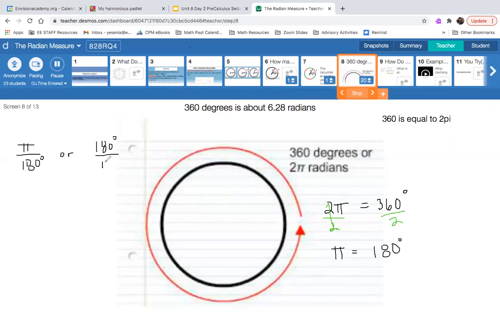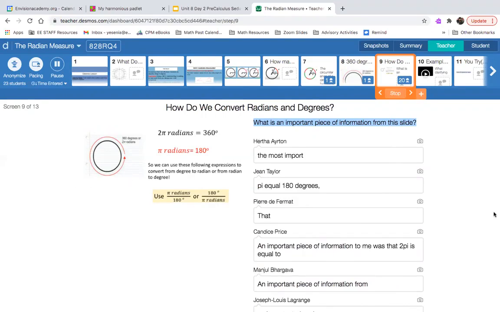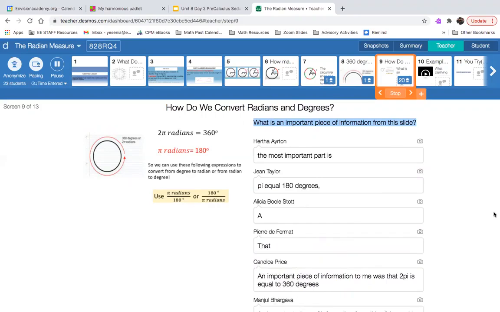First off, I want to remind you all, 180 degrees is equivalent to pi. That's what this equality symbol means. That means this represents a unit of 1, because 180 divided by pi, if they're equivalent, represents 1. Like anything divided by itself is 1. So we're going to use these to convert. These are the formulas that I just talked about. Go ahead and put your contribution into slide number 9.